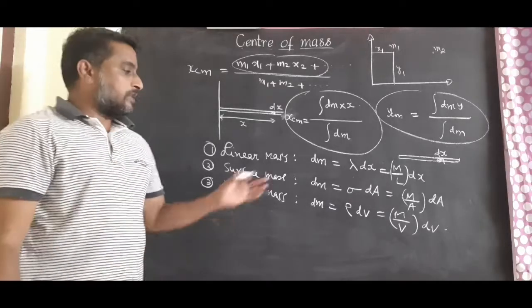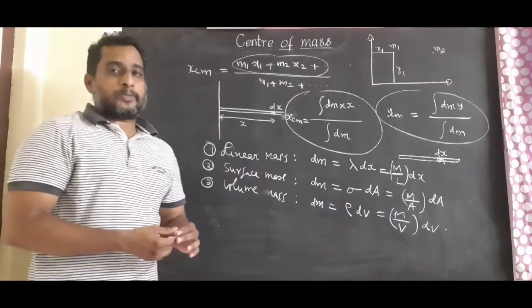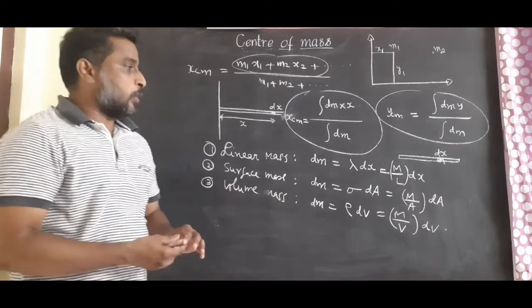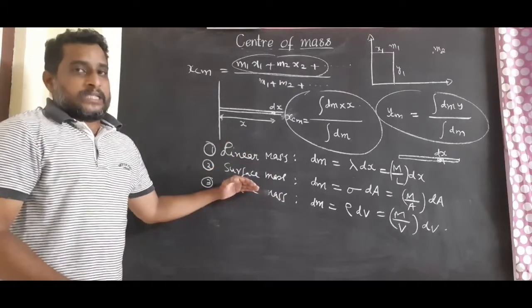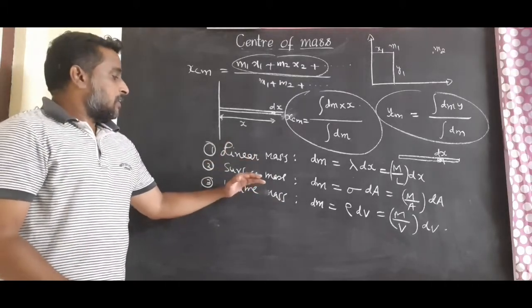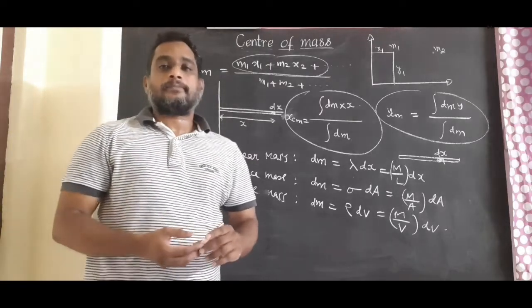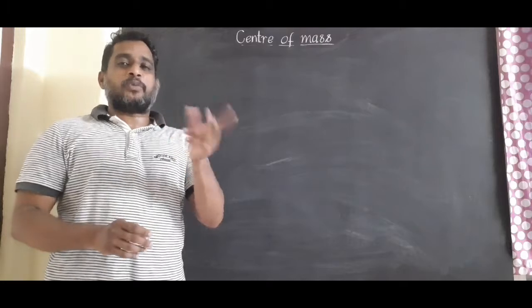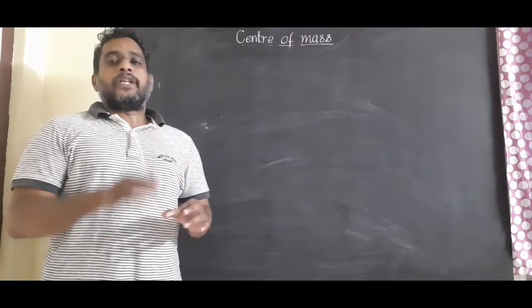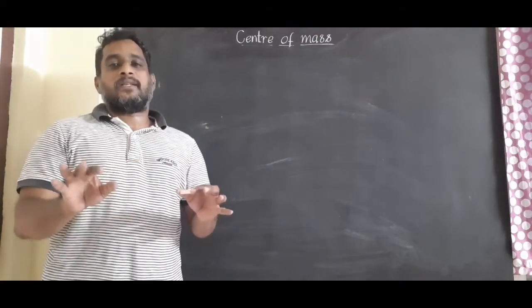You are very much familiar with these basic points. No need to spend much time with these equations. So these are the three types: linear mass, surface mass distribution, and volume mass distribution. In these continuous mass distributed bodies, in three different cases we have to practice the equations.